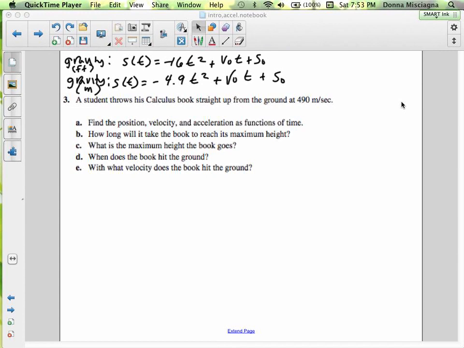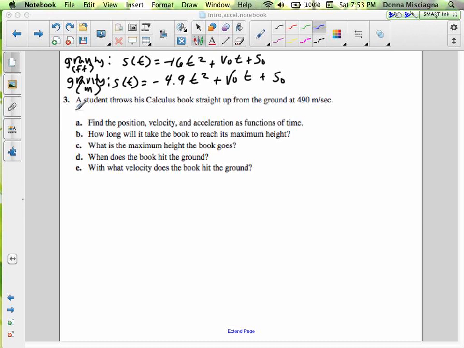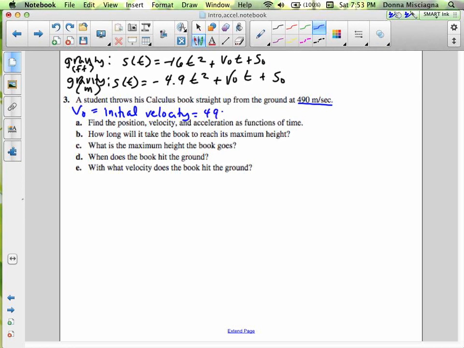All right. So let us find, first of all, position, velocity, and acceleration as functions of time. Of course we need to talk about the v naught and the s naught in our equation. v naught is the initial velocity, in meters per second. So the initial velocity is 490 meters per second. Always check positive or negative. It's up, so it's positive.